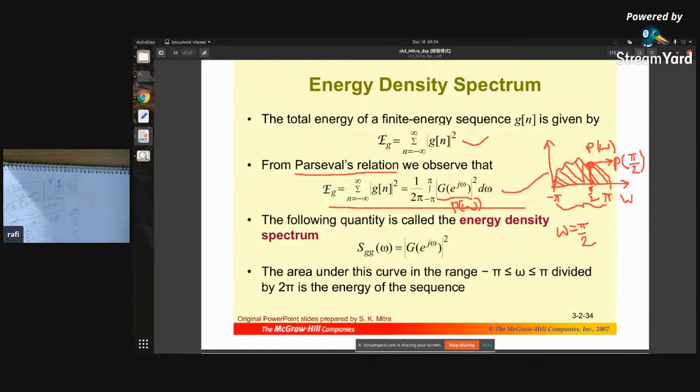So this plot is nothing but that. At each and every frequency you can find the contribution of that particular frequency. So per one frequency, what is p of omega.